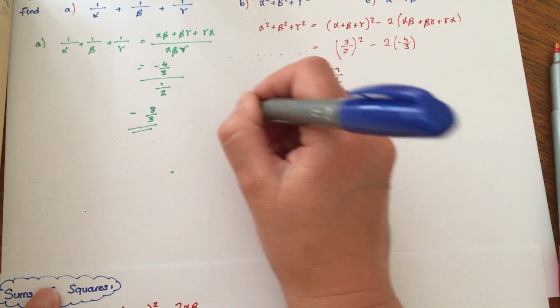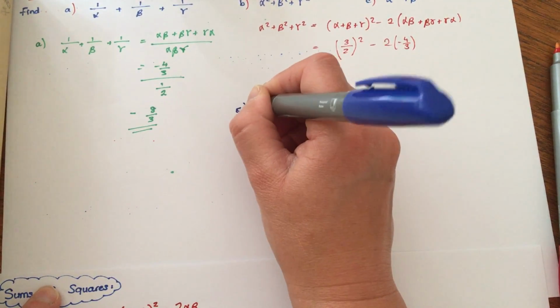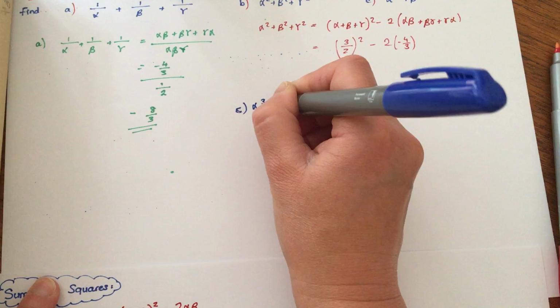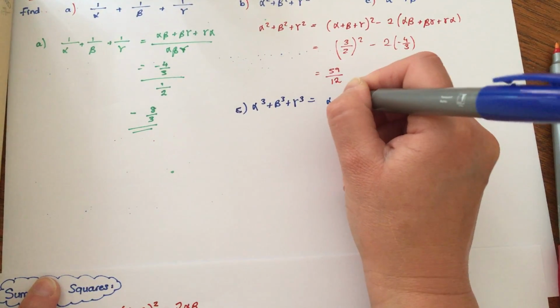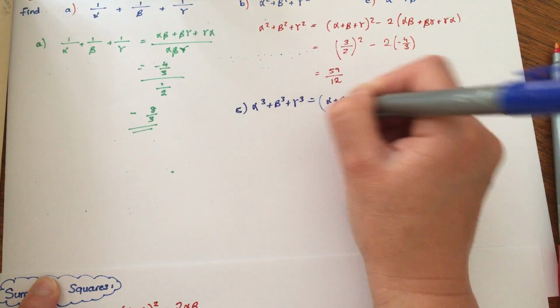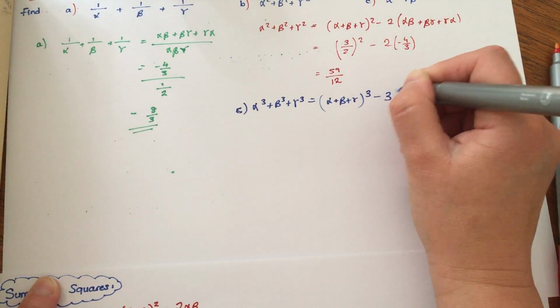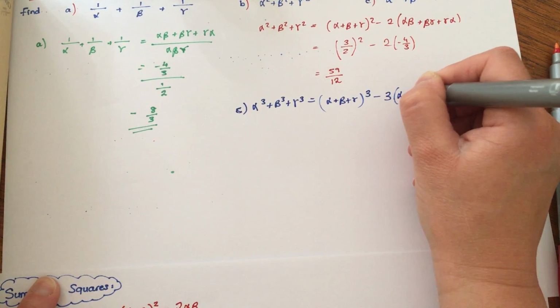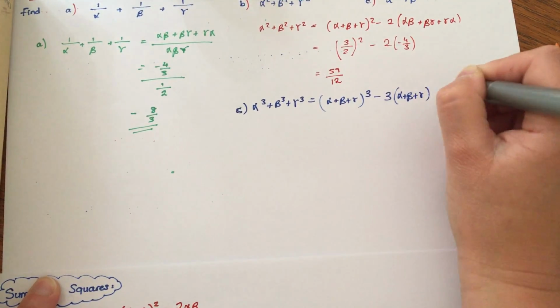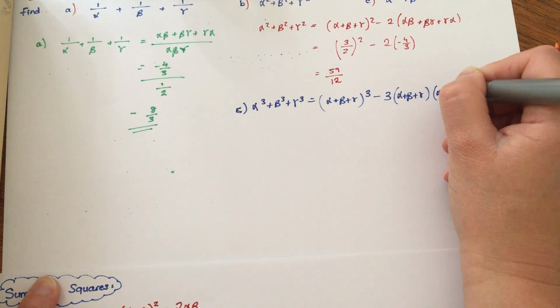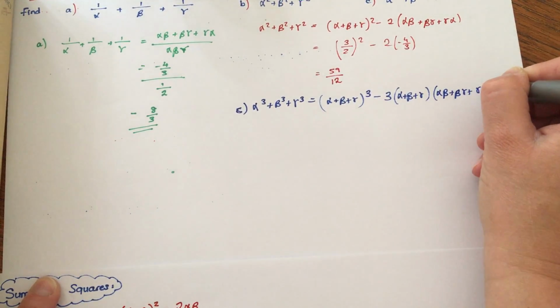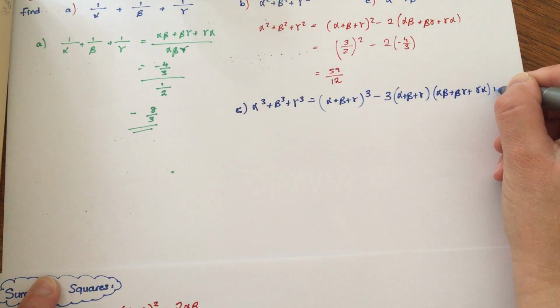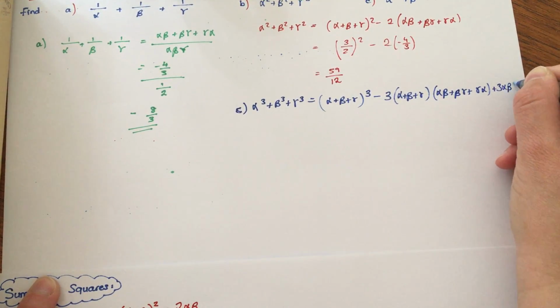Alpha cubed plus beta cubed plus gamma cubed is alpha plus beta plus gamma cubed minus 3 lots of the sums, so alpha plus beta plus gamma times by the double product one, alpha beta plus beta gamma plus gamma alpha. Just squish it on, plus 3 alpha beta gamma.